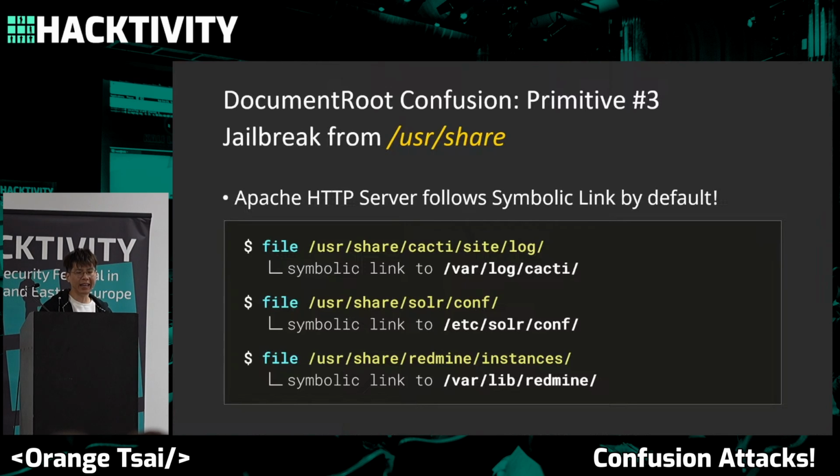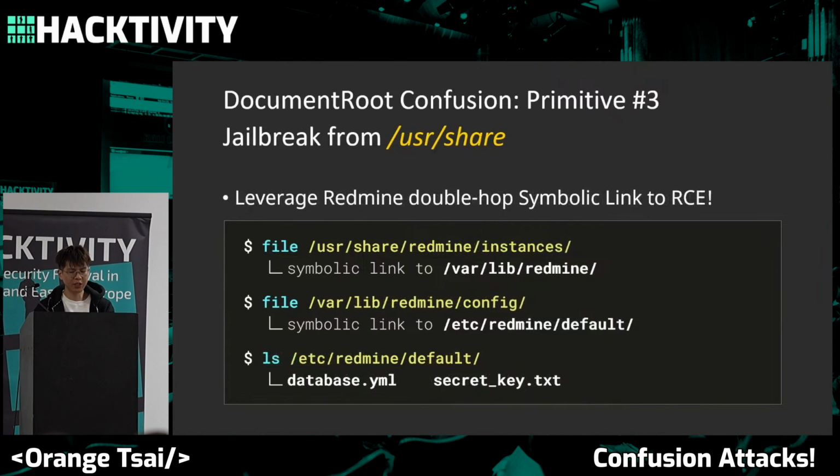So any package that has a symbolic link can now become a stepping stone to access more gadgets for further exploitation. Here we list some useful gadgets we have so far, such as reading the Cacti logs or server configurations, and even accessing the user upload files on Redmine.